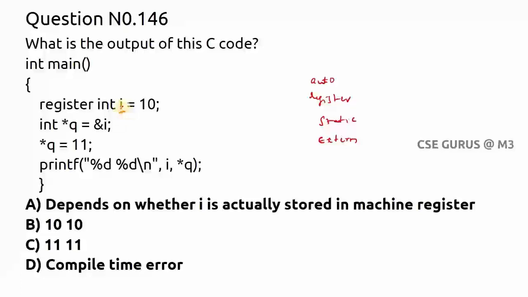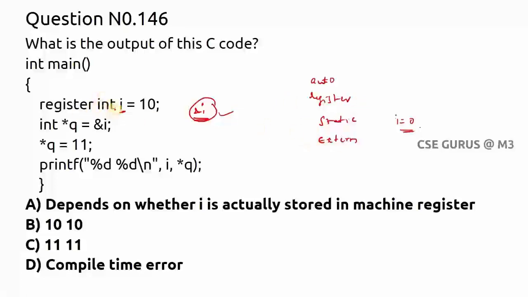That's why if I make register int i, you cannot find ampersand i. This is what we need to remember. If I write static int i and don't assign any value, the default value is 0, whereas for auto and register the default value is garbage. For static and extern the default value is 0.